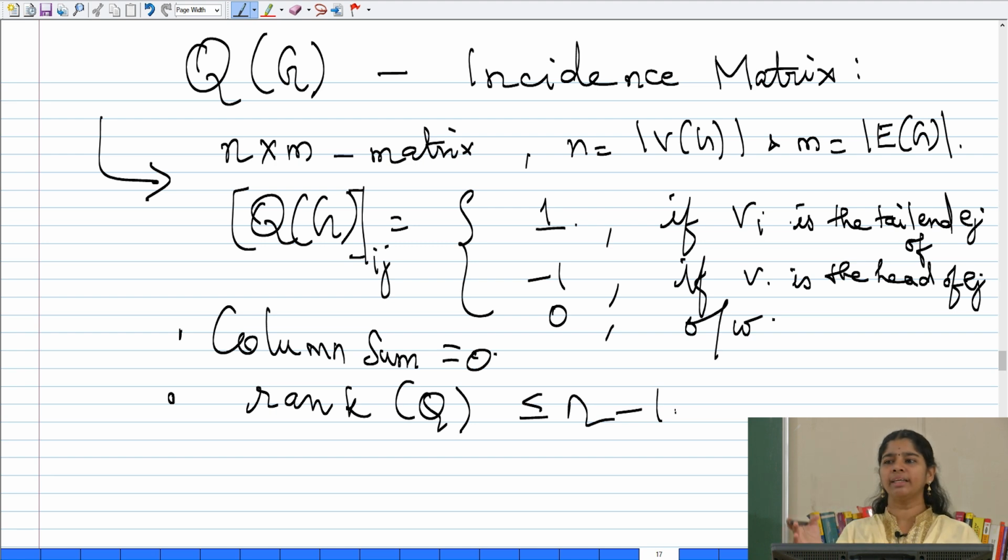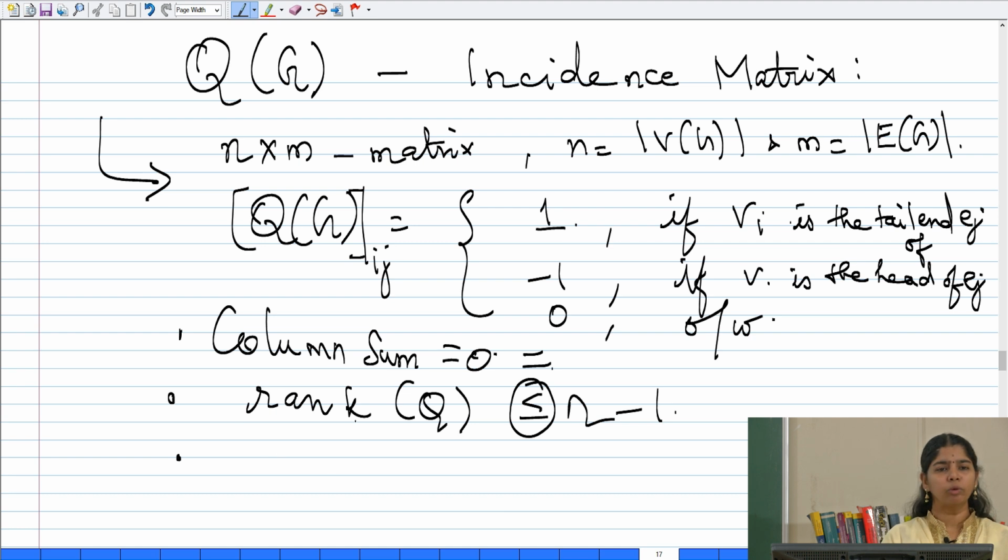So how do we show the other bound, greater than or equal to? We have to do a little bit of work inside this. The claim is that this is in fact equal, and how do we prove this?